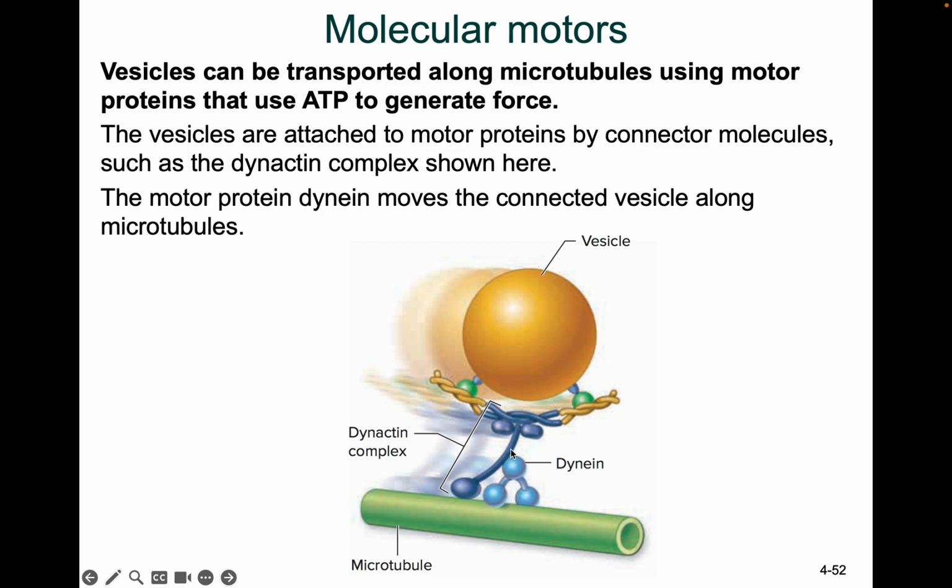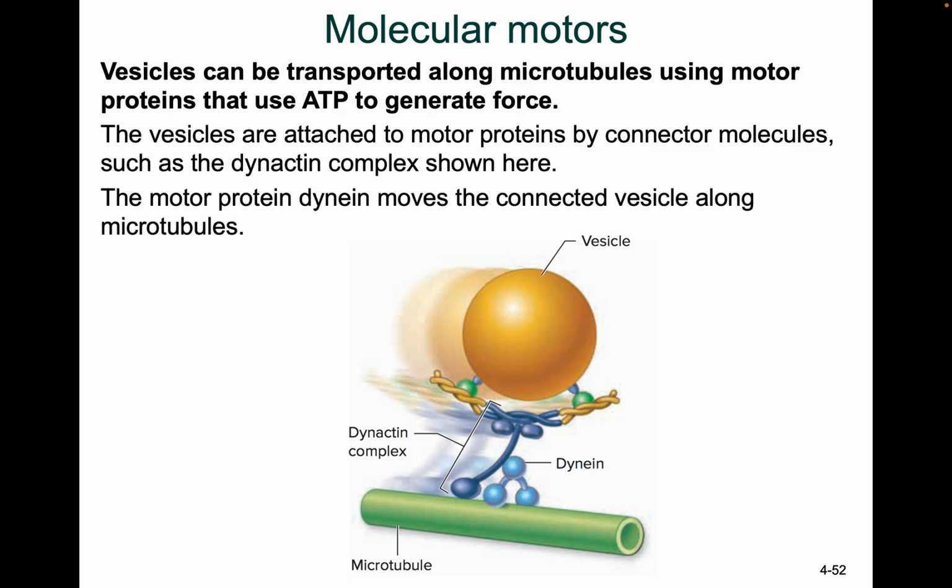And this car has a dynactin complex, a protein that connects dynein and the vesicle. Its main function is simply to connect dynein and the vesicle. So now these are connected to each other, and dynein is able to move along these microtubules thanks to ATP. ATP gives it energy to move along. Dynein will move towards the minus end.